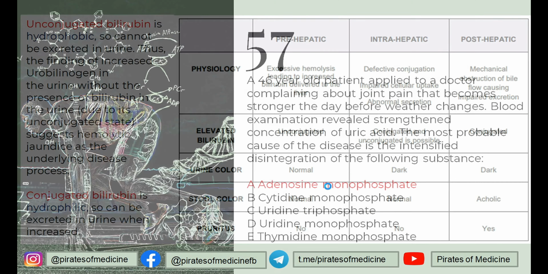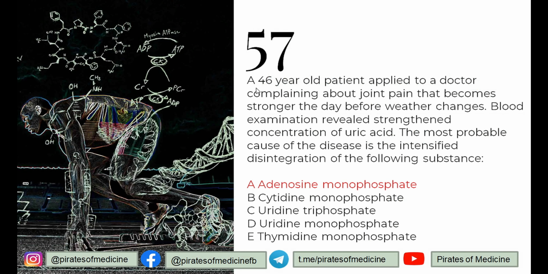Good. So the 57th question is that a 46-year-old patient applied to a doctor complaining about joint pain that becomes stronger the day before weather changes. Blood exam revealed increased concentration of uric acid. The most probable cause of this disease is intensified disintegration of the following substance. So remember, uric acid is increased.